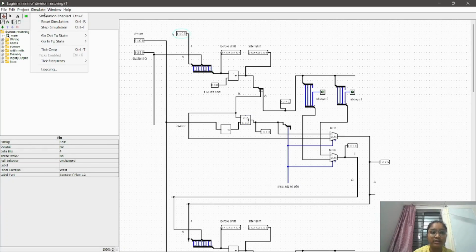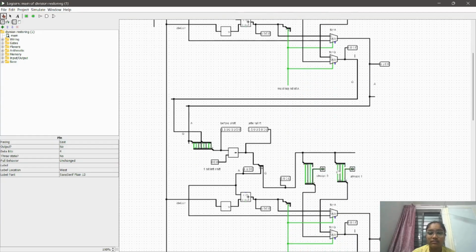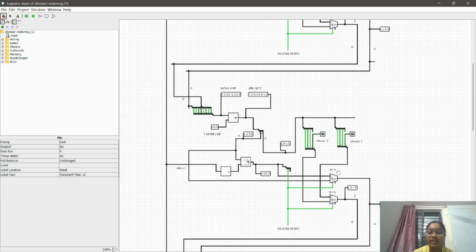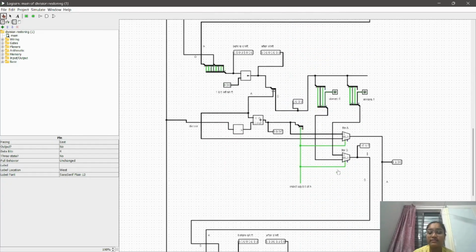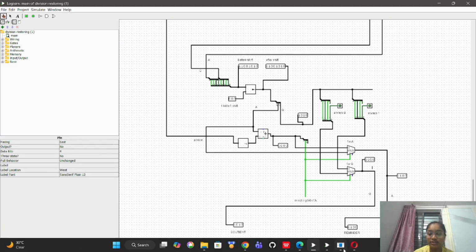Here we simulate with enable, first before the shift left operation, and then after the shift left operation. This is a 4 times combined circuit, which is why it gives a 4-bit and 4-bit output. This is the quotient and this is the remainder. So we got quotient 1010 and remainder 1100.